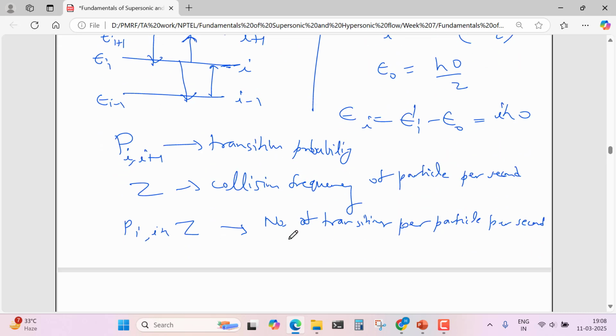But in the ith level there are Ni particles. So if we multiply this by Ni, it will give the total number of transitions per second.